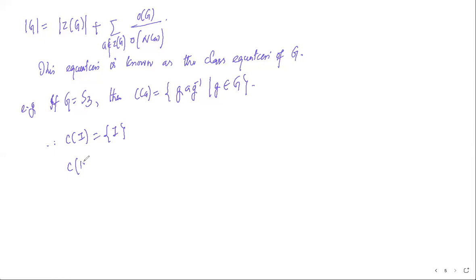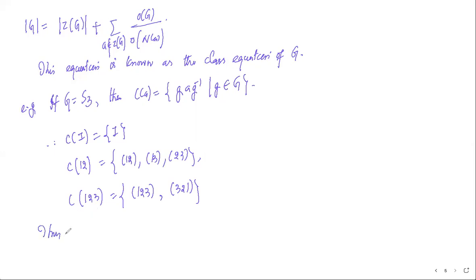The class of (1 2) is the three elements (1 2), (1 3), (2 3), and similarly the class of element (1 2 3) is equal to {(1 2 3), (3 2 1)}. So this is the partition of the symmetric group S3 into disjoint equivalence classes.